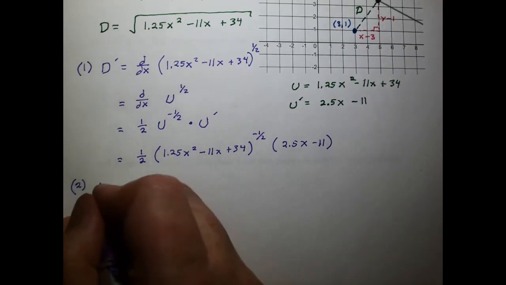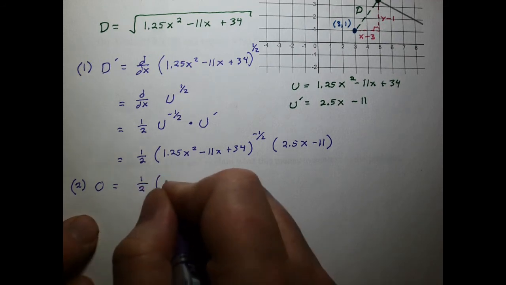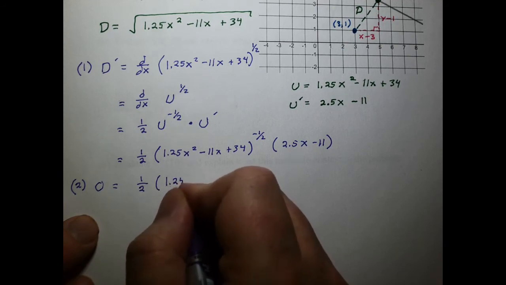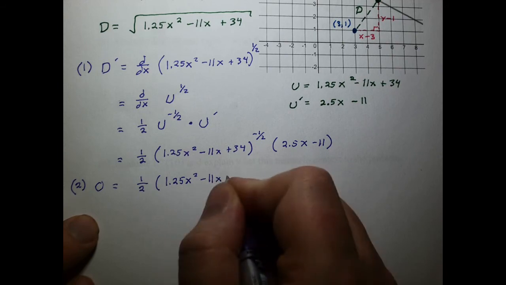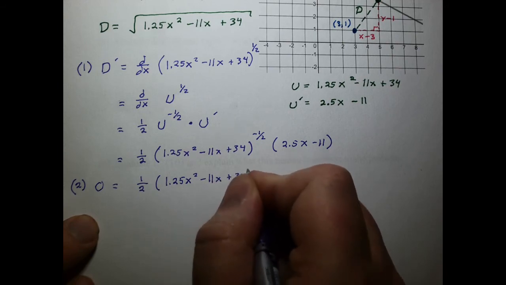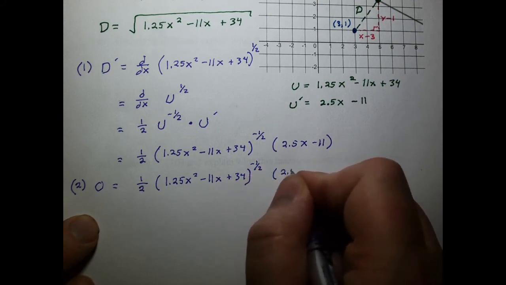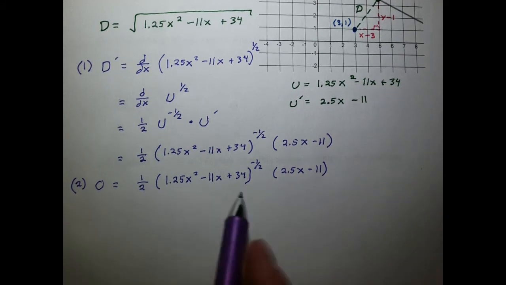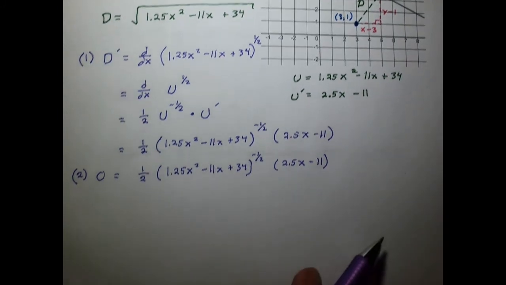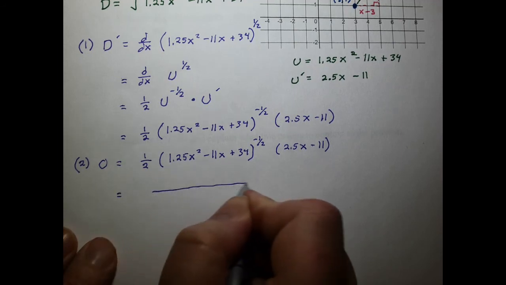Step 2, we set the derivative equal to 0. And if you want to solve this, let's rewrite it without the negative exponents.